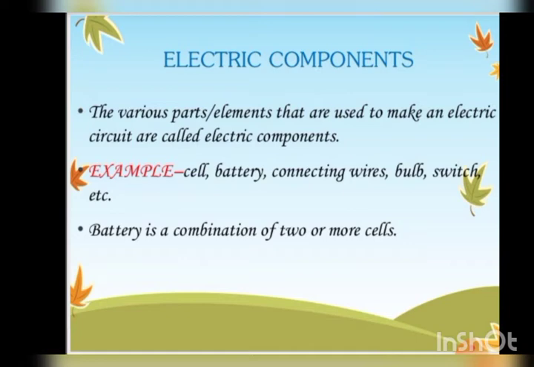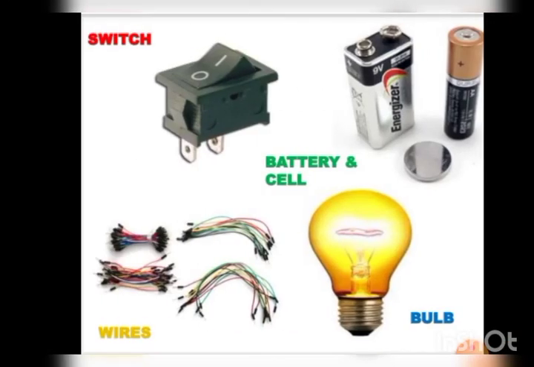Battery is the combination of two or more cells. Okay, single one is called a cell, and two or more cells together make a battery. Now here are some diagrams of the components: switch, wires, electric cell, bulb. Okay, these are some components which are used to complete one circuit.